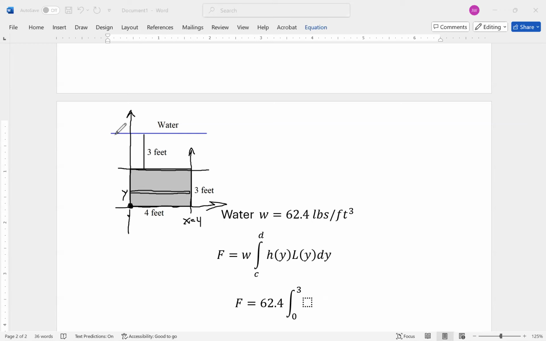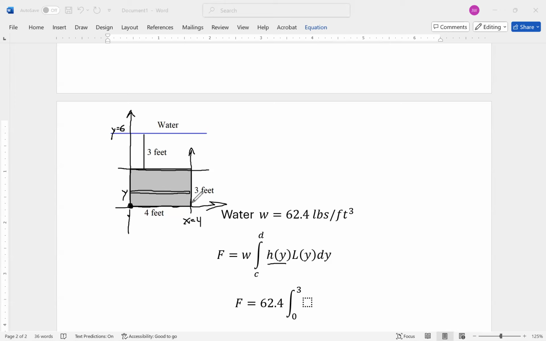So it's from the water line, which we said was y equals 6, down to some arbitrary value for y. So 6 minus y is the depth of the rectangle.